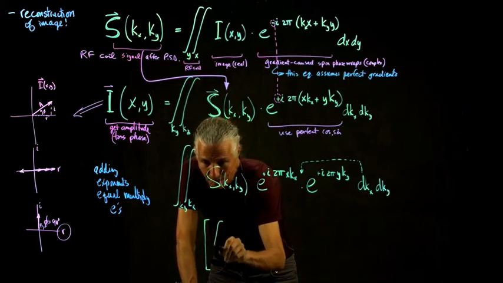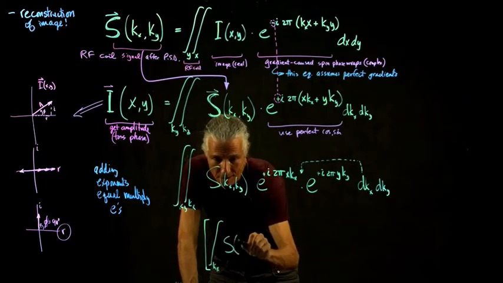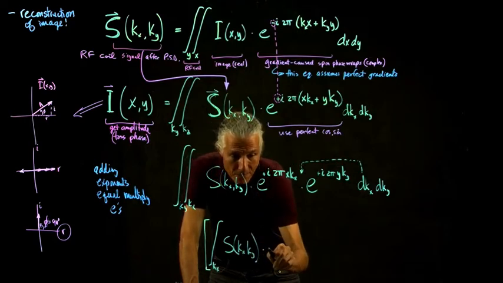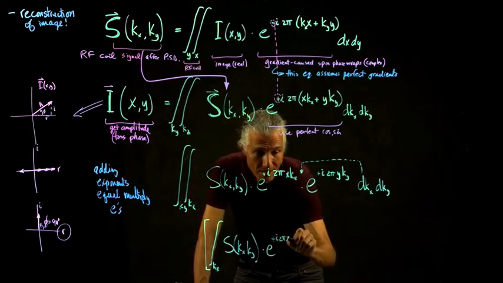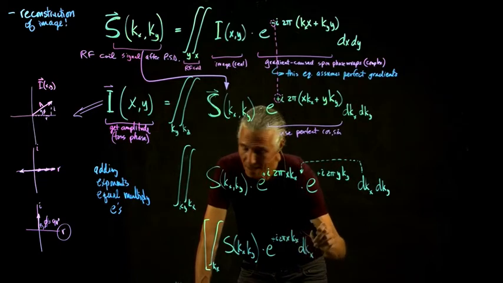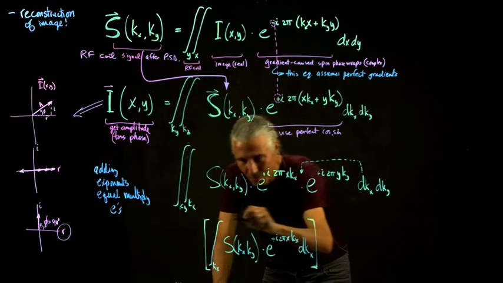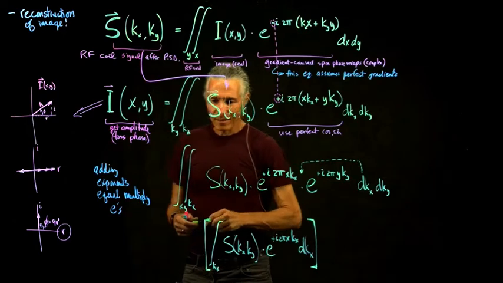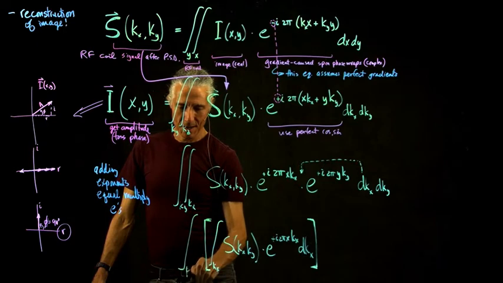So now we're summing across just kx of our k-space signal, times e to the plus i 2 pi x kx d kx. Done. Okay, so this is our 1D Fourier transform. And then we take the result of that and Fourier transform it. So here's the outer one.